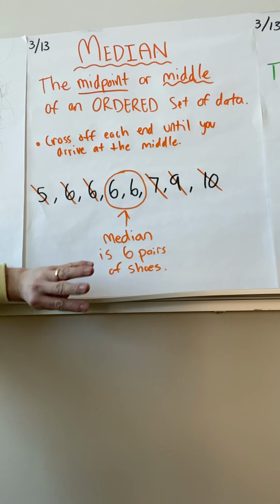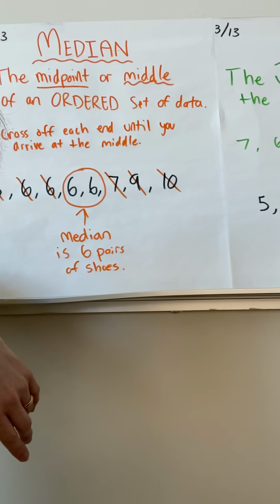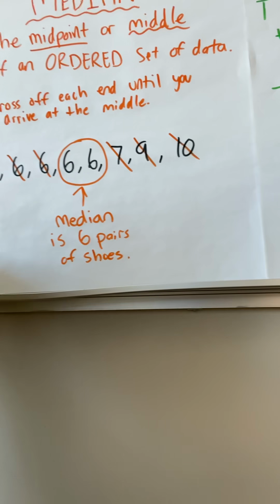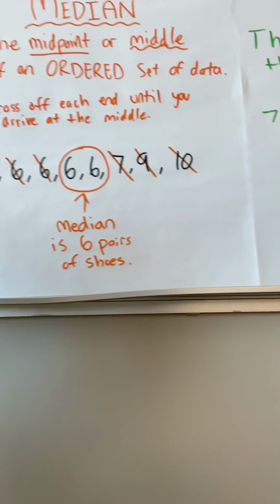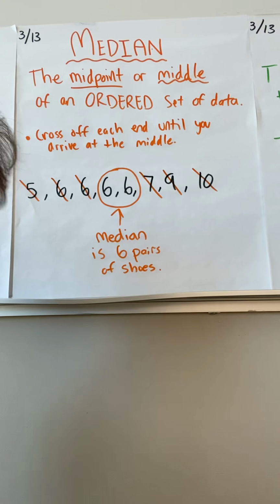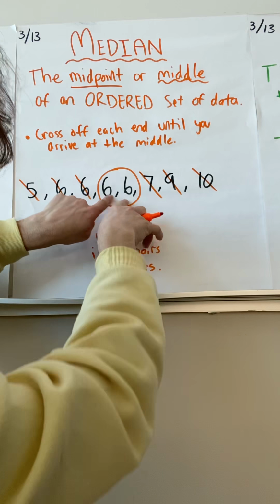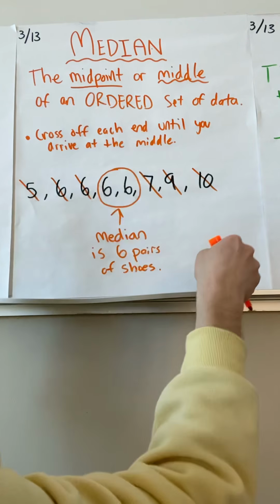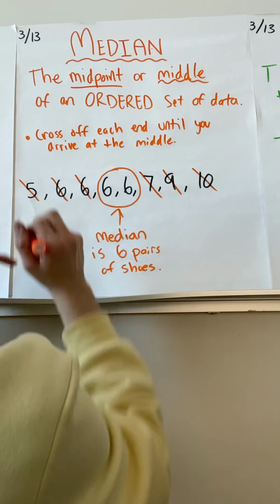Cool, right? Interestingly enough, our median and our mode are the same number. So that's a possibility. I'm going to talk more about that later. But if you had two different numbers here, I'm going to show you what we do when that happens. But basically, you just cross off the ends until you get to the middle.